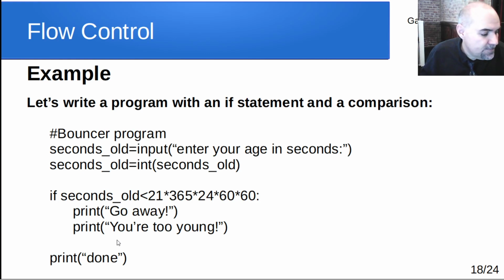Or if there's a quiz posted on Blackboard, then take the quiz and do all the things there. If there's not one on Blackboard, don't take the quiz. So you can see how we're putting those decisions into our program. It can decide to do this or decide not to do it.